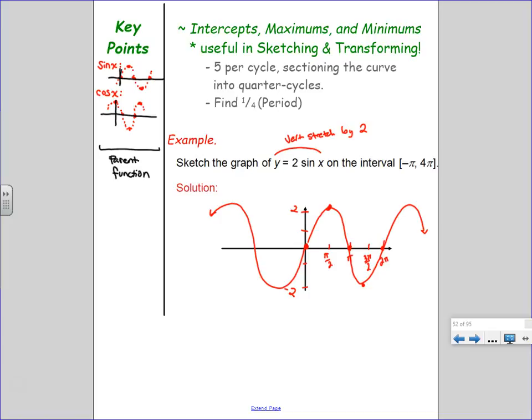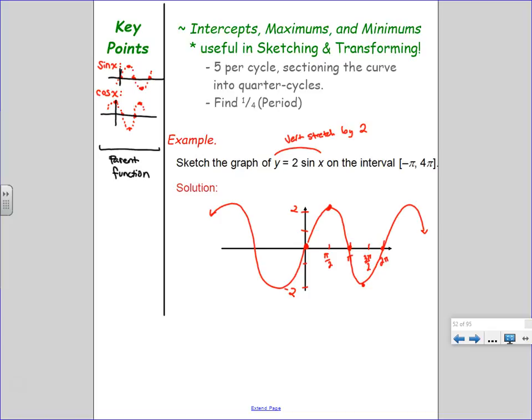What are these points? The intercepts. The zeros of sine. And what are these points? The maximums and minimums. So when I say key points up above, I'm saying you really only need 5 points of a transformed function. Then you can connect and say, hey, there he is. Let's just keep on cycling and waving, right? And then we have our graph.